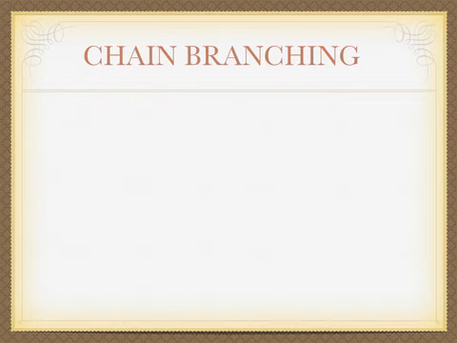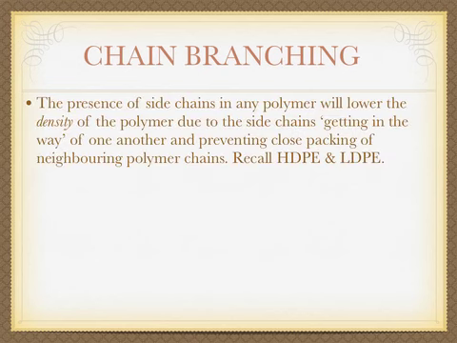Now the first property of certain polymers that we will look at is called chain branching. Chain branching has already been introduced, and we know that low density polyethylene exhibits side chain branching. So the presence of a side chain branch reduces the density of the final polymer.